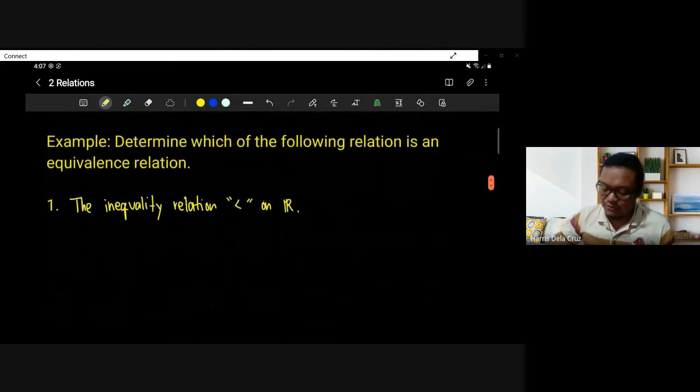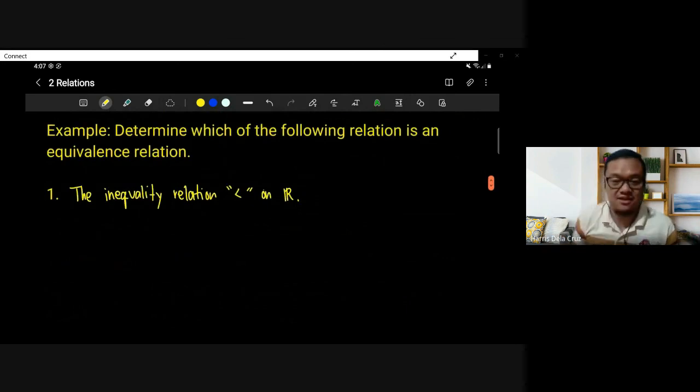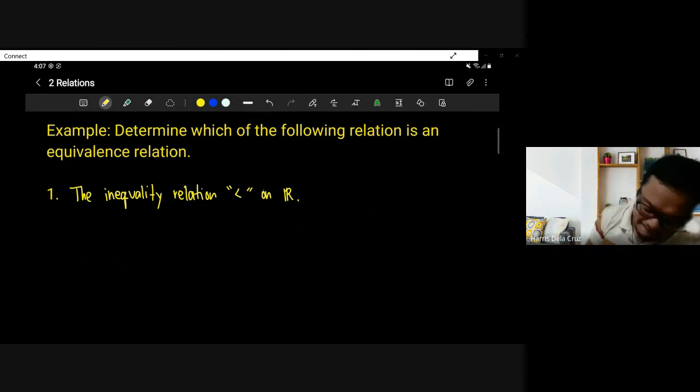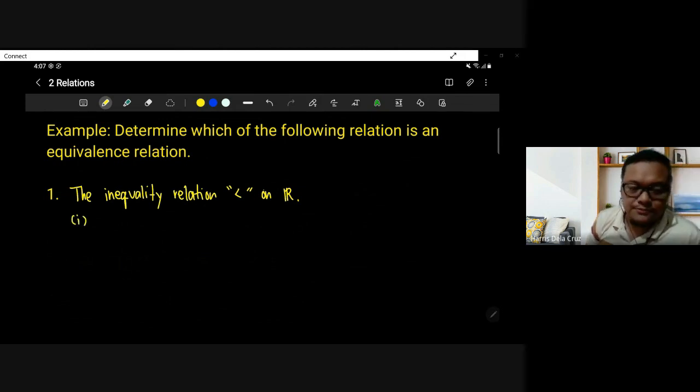Let's determine whether the given relation is an equivalence relation by identifying whether it's reflexive, symmetric, or transitive. Okay? Alright. This is easy. You only need to show the definitions of the properties. First, how do you show that it is reflexive? If you have a real number a, so let a be a real number, what we want to show is that a is related to a. I'll write a R a. That's what we want to show first.